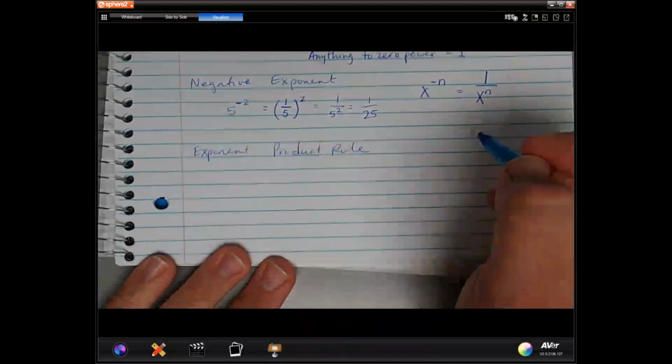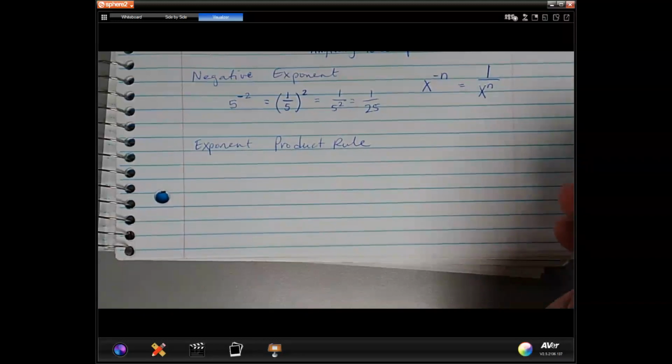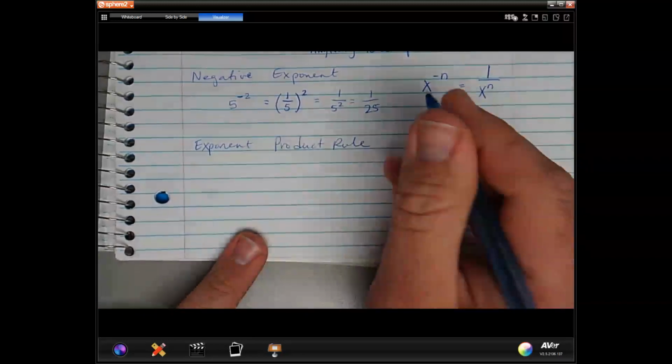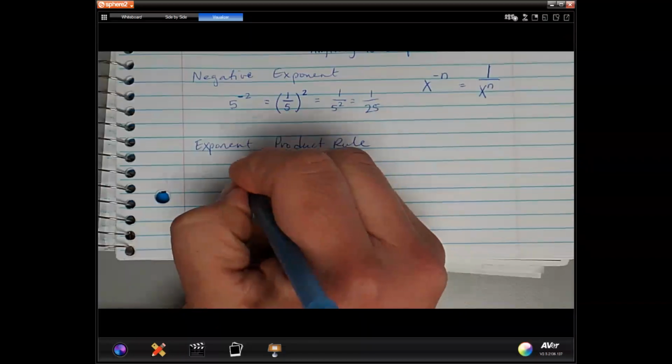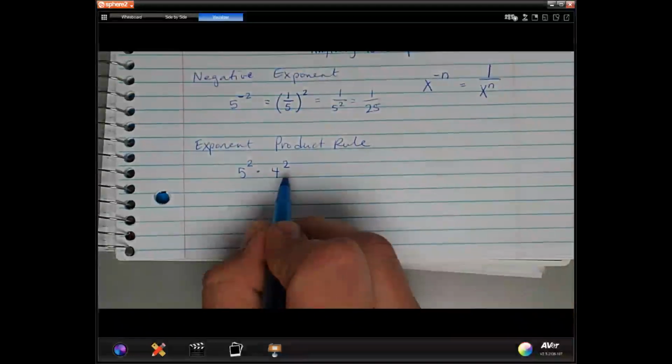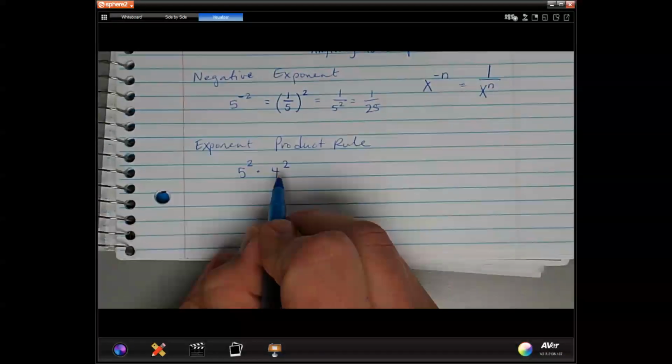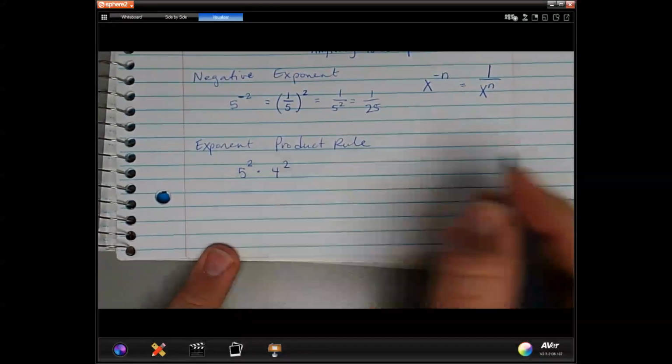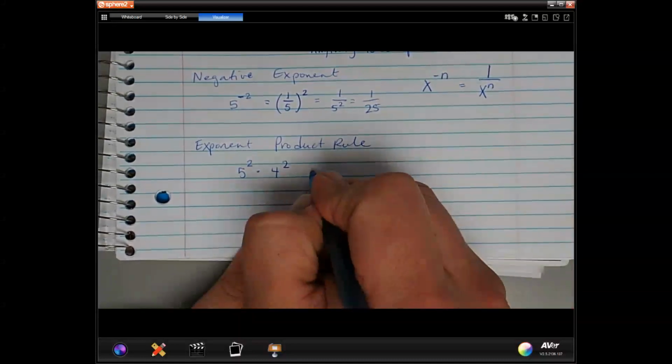The final step, or the final rule that we'll need to know for this assessment, is exponent product rule. The exponent product rule simply states that if I have two numbers, any two numbers that are being multiplied together by a common power, I can recognize the commonality between them, similar to the distributive property.